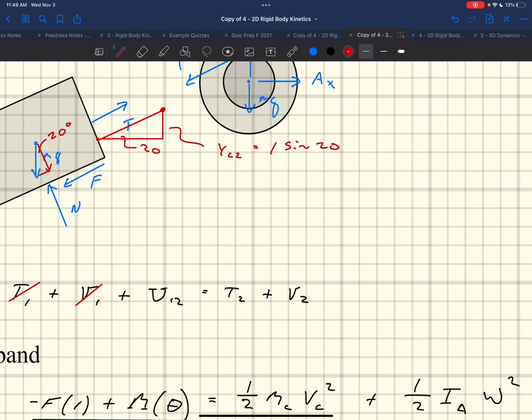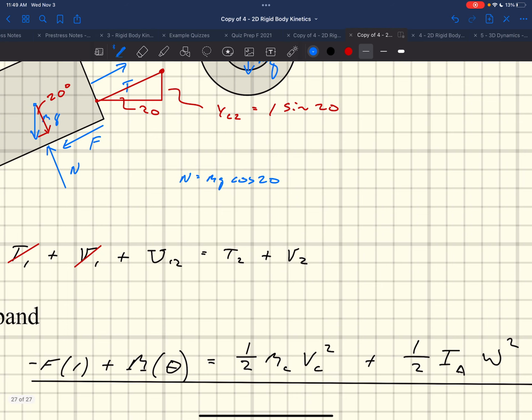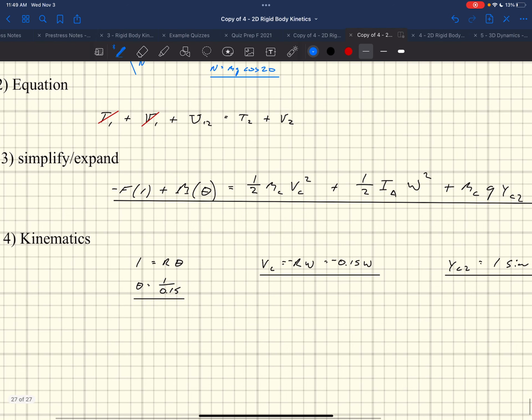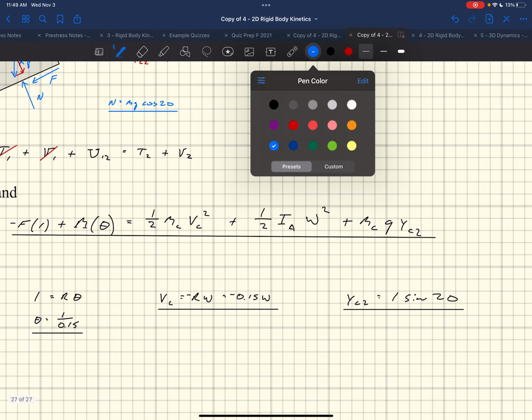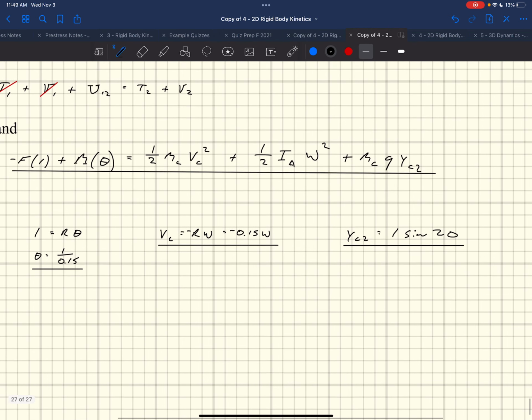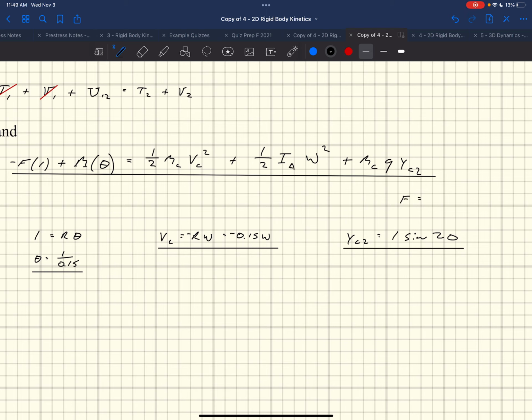And so the normal force is equal to mg cosine 20, which we can get. And then our friction force is equal to the normal force times mu k.